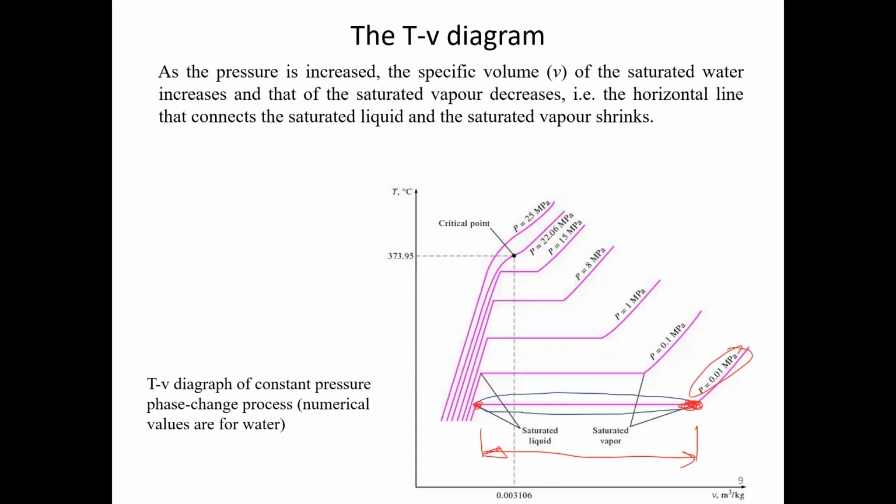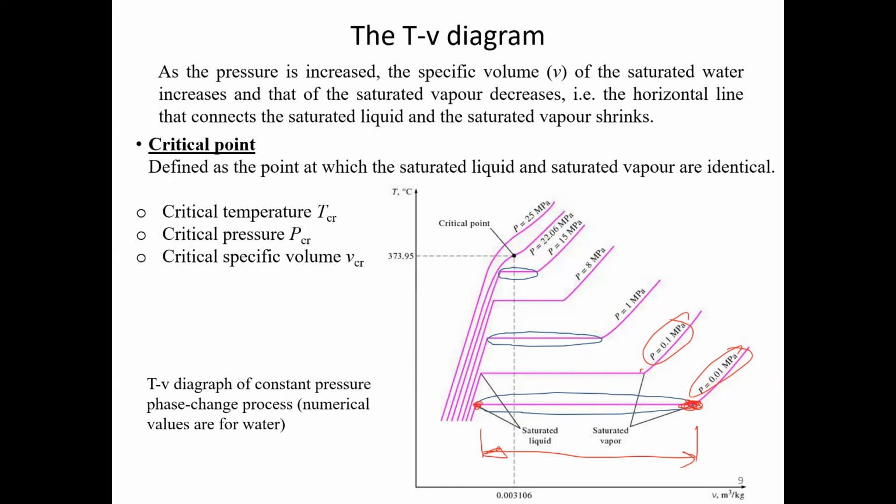So this distance represents the latent heat of vaporization. And as you can see, the more pressure you have, the less latent heat you need. Until we reach the point where we have a sudden change from liquid to vapor at pressure 22.06 megapascal.